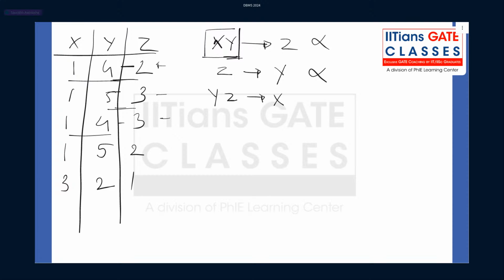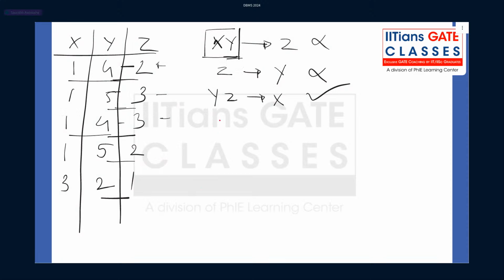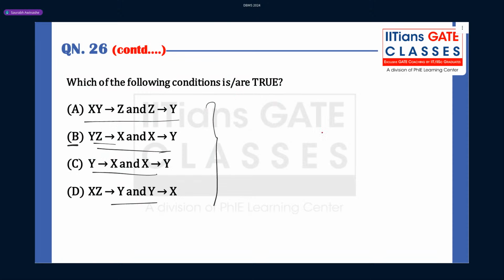No. So we are fine up to here. 4 3 gives 1. We are fine. 5 2 gives 1. We're fine. And 2 1 gives 3. So yz gives x holds. Now we have to look at x gives y. x gives y is clearly false because 1 derives 4 and 1 derives 5. So it does not hold.